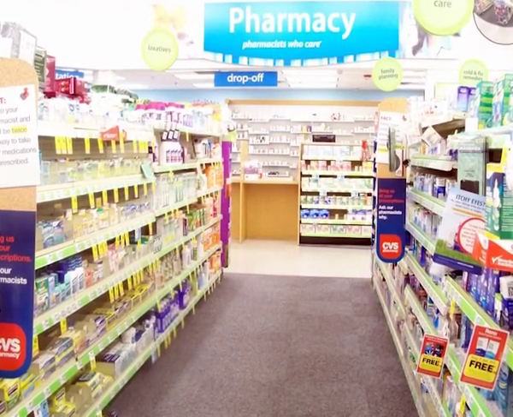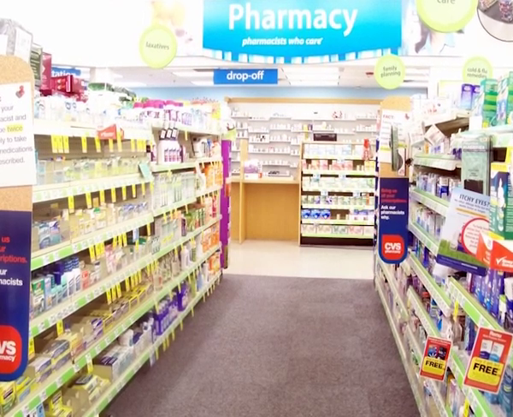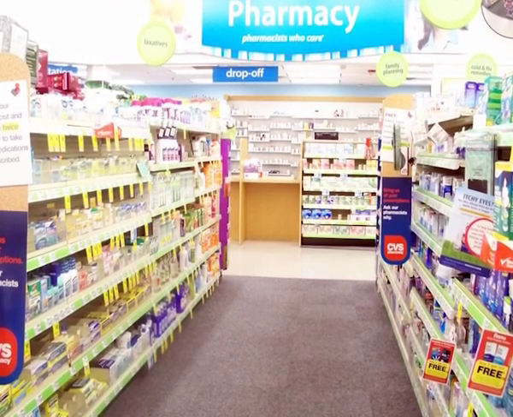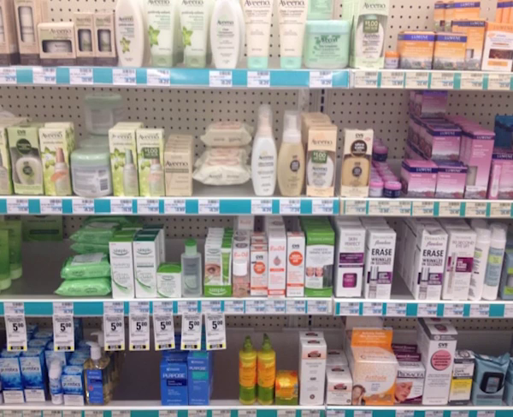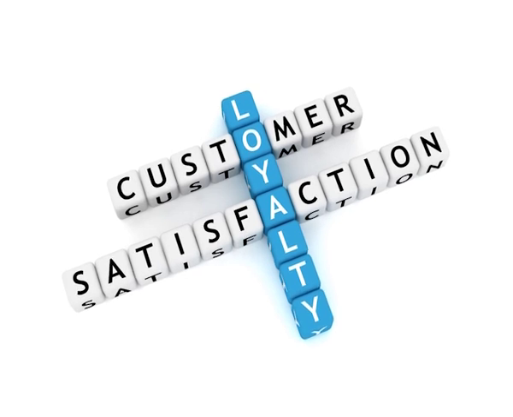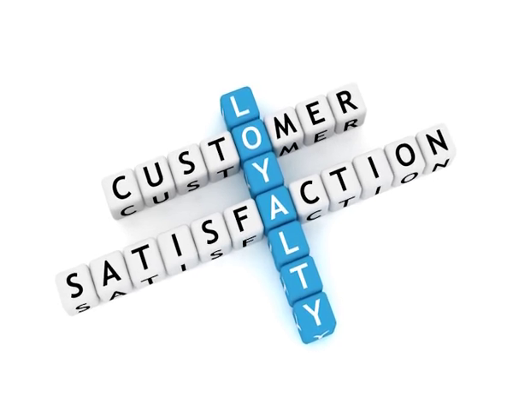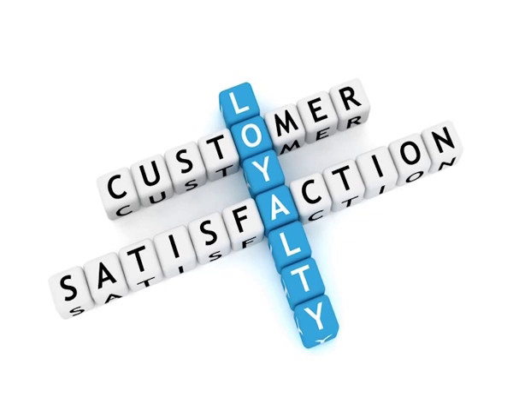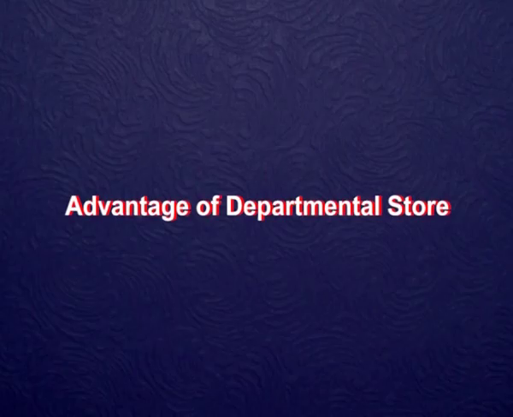Each department confines its activities to a particular line of business. A departmental store deals with a wide range of products. The main object of a departmental store is to satisfy consumer needs at one place, to save consumers the trouble of going from pillar to post to purchase everyday necessities.